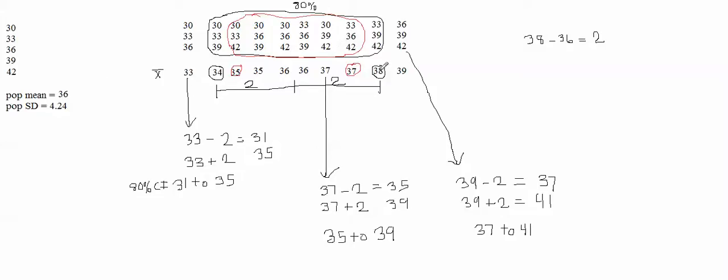So remember, when we got the 80% margin of error, we subtracted 38 by 36, because to get the 80% margin of error, you take the mean of the highest sample in the middle 80%, which was 38 right here, and subtract it by 36. But now, to get the 60% margin of error, we take the mean of the highest sample in the middle 60%, which is 37, the mean of sample 8 right here, and subtract it by 36.